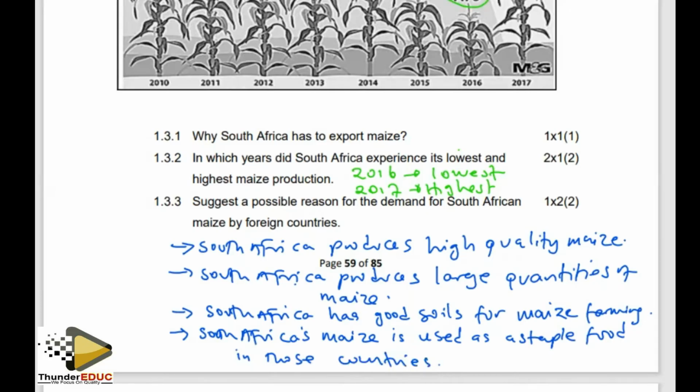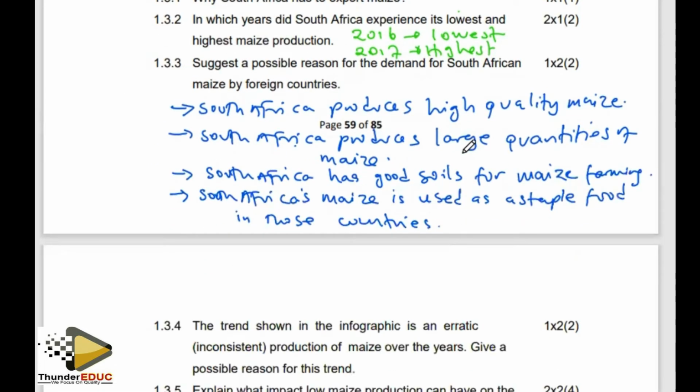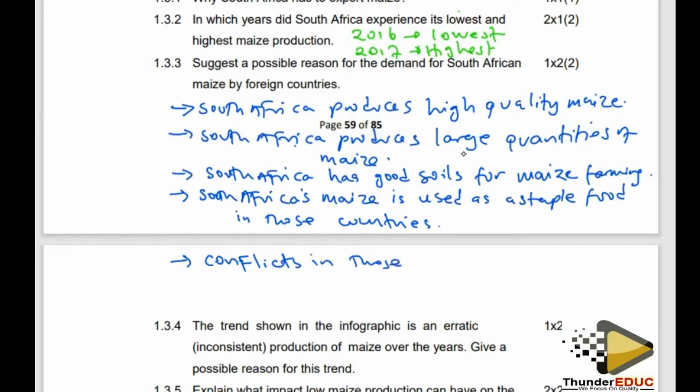Then we could as well talk about factors such as maybe conflicts in those countries. The people, they keep on fighting. So we see conflicts in those countries, resulting in low maize production.